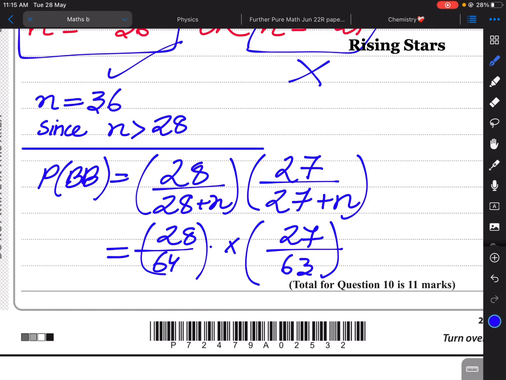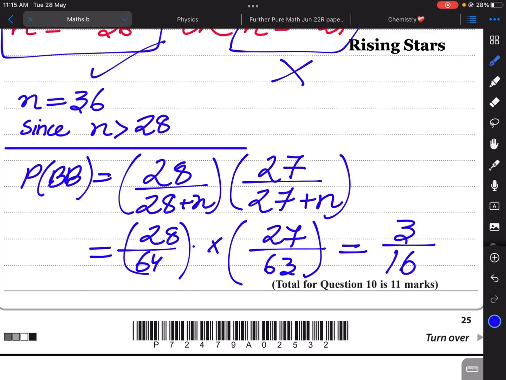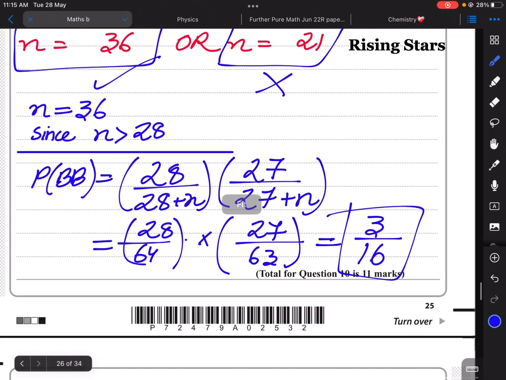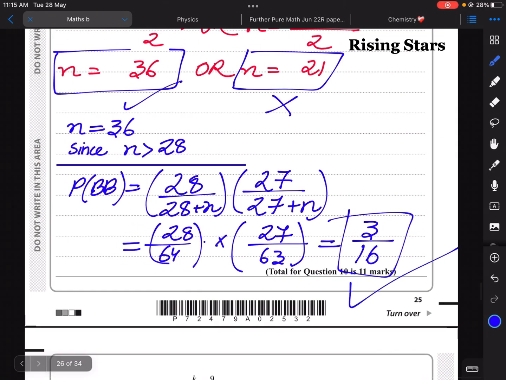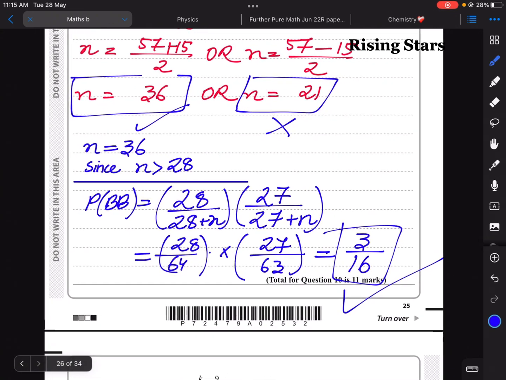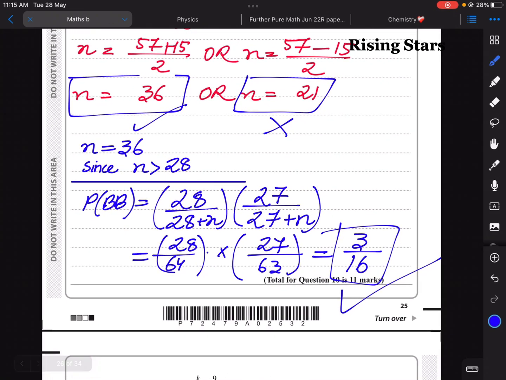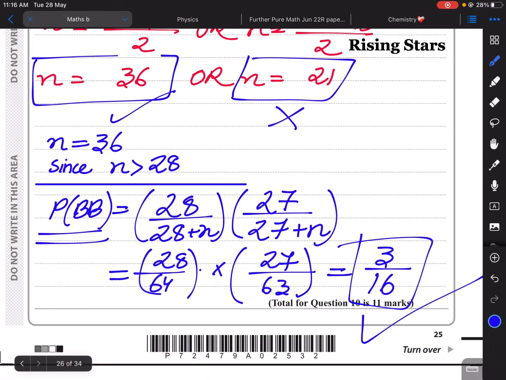Multiplying this, you get 28 times 27 at the numerator, and in the denominator 64 times 63, which gives 3 over 16. That's your answer. So finally you have it. It's 3 by 16, which is the probability of getting 2 blue bits at the same time.